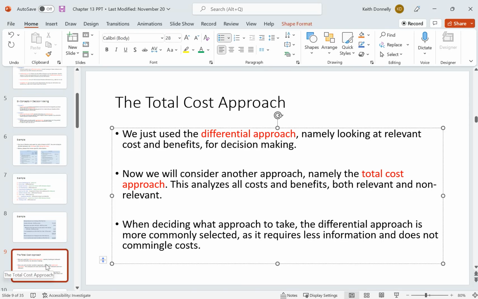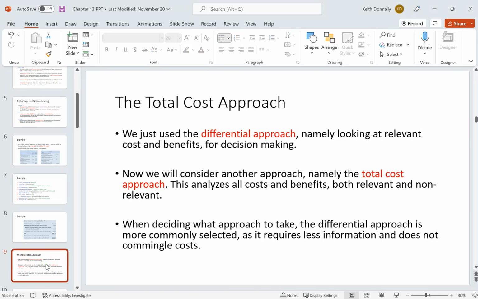Now we'll consider another approach, namely the total cost approach. This is going to analyze all of the costs and benefits, both relevant and non-relevant. When deciding which approach to take, the differential approach or the total cost approach, the differential approach tends to be more commonly selected.